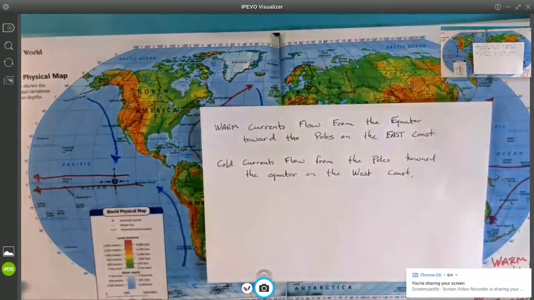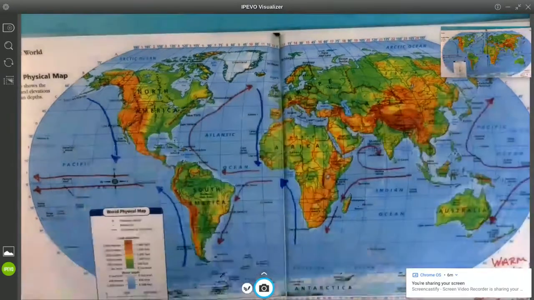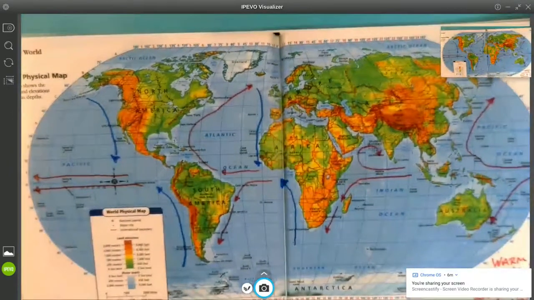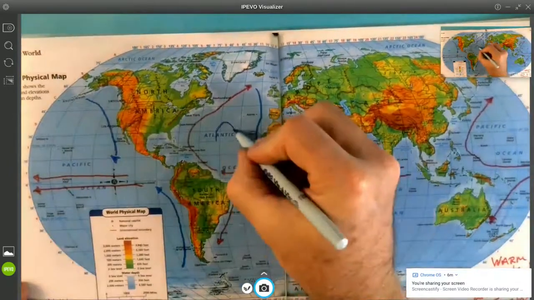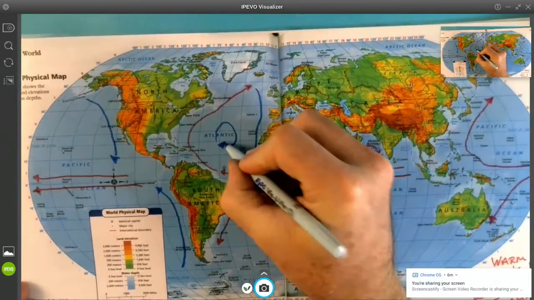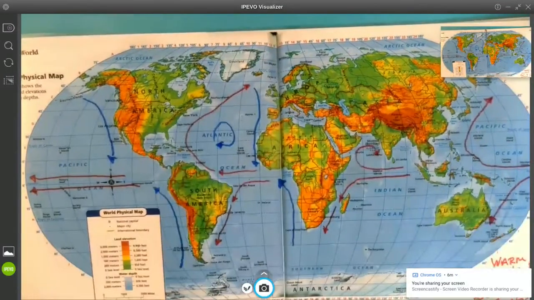Okay, so essentially you get clockwise currents in the north, clockwise, and counterclockwise currents in the south.